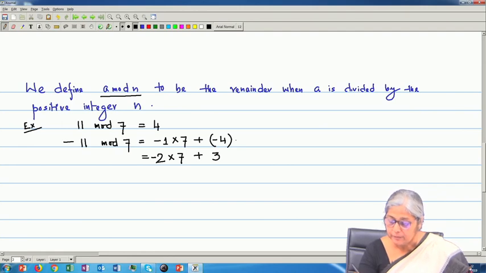Since the way we have defined it is the remainder, this can be the remainder minus 4 or this can be the remainder 3.